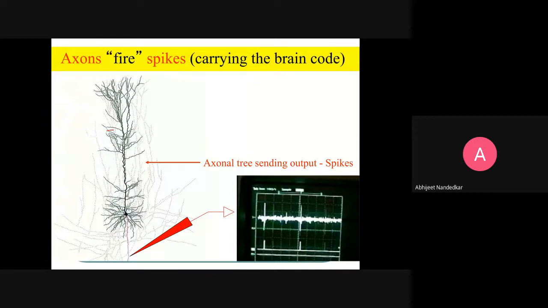Sorry for the earlier trying. So I think these are inputs, and this is the axon. The axon is the output of the neuron, and these are called dendrites. These are all inputs.